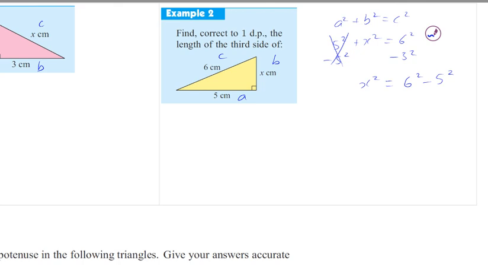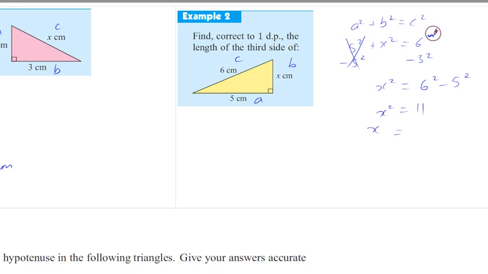Okay, what's 6 squared? 36. What's 5 squared? What's 36 minus 25? 11. Okay, so X is going to be the square root of 11, which is 3.32. And that is also centimetres.